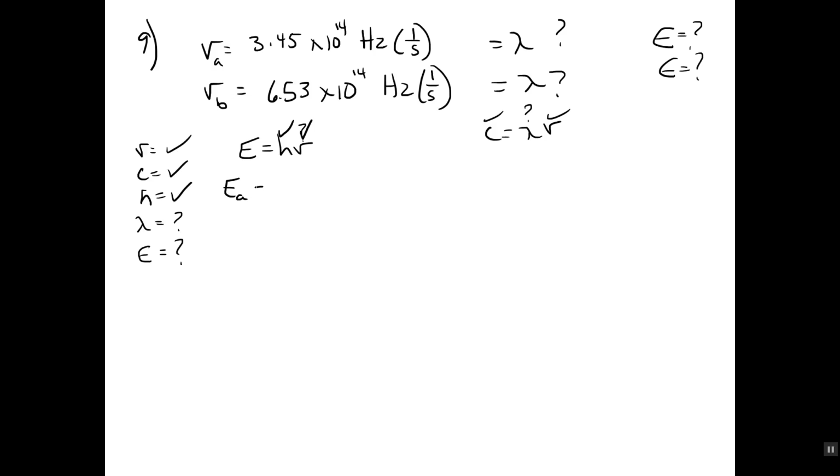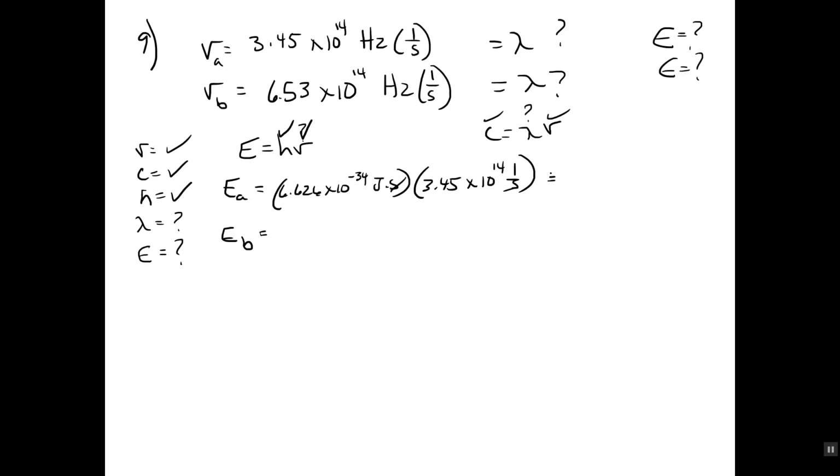Let's do those first. E, the energy of A, the energy of B. The energy of A is going to be Planck's constant, 6.626 times 10 to the negative 34th joules per second, times the frequency of A. So we'll do this, 3.45 times 10 to the 14th, 1 over S. S is crossed out.